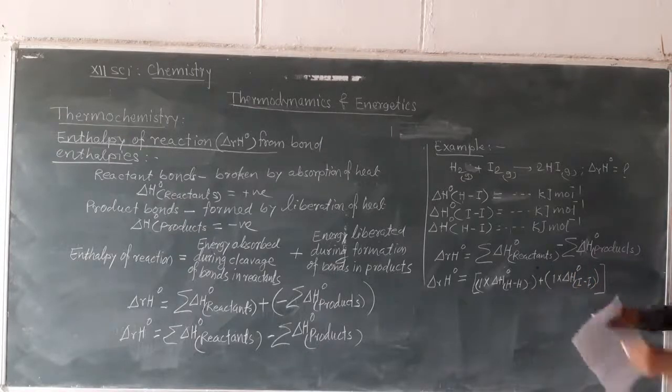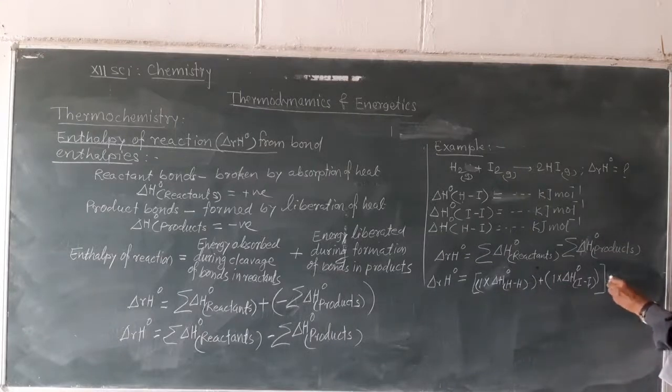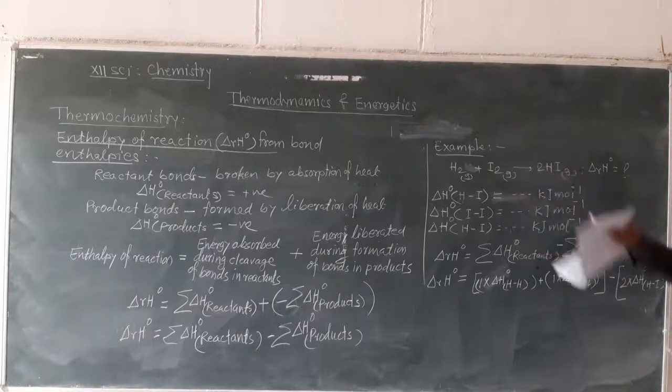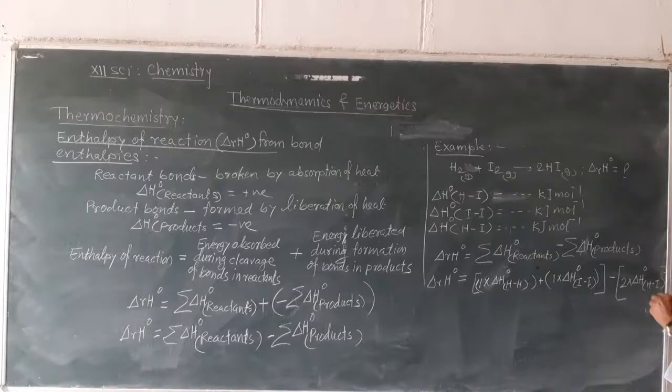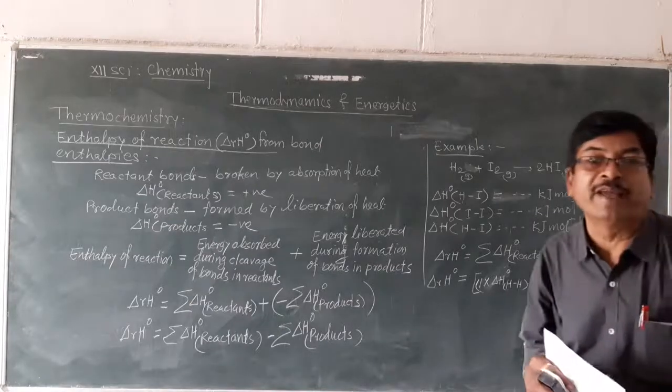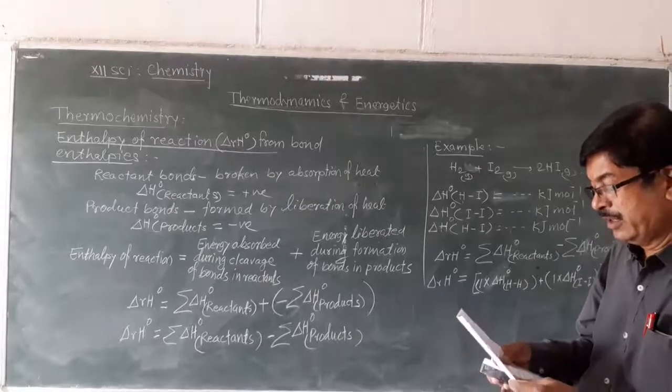Bracket complete. This is about reactant bonds. Minus, only one product is there, 2 into standard enthalpy change of H-I bond. Here 2 H-I bonds are present, and therefore you have to multiply bond enthalpy of H-I bond by 2. In this way you can calculate enthalpy of any reaction from bond enthalpies of the bonds of reactants and products.